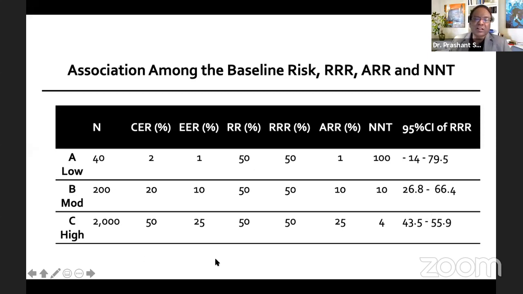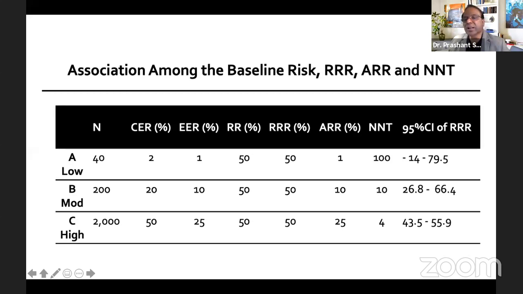You have to consider their risk in order to make that clinical decision. So if I have to decide to choose thrombolytics for the treatment of stroke, I will prefer that to be used in high-risk patient compared to a low-risk patient.